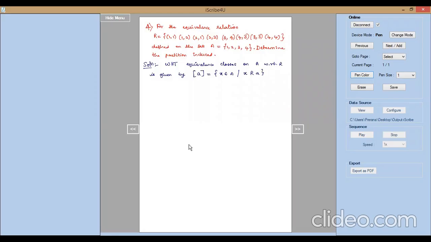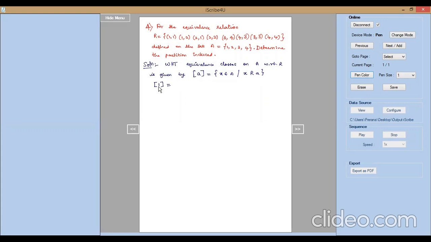So this we are going to grab from looking into the relation R. Okay, so let us find out the equivalence class of 1. From the given relation R, observe that 1 is related to 1, correct? We also observe that 2 is related to 1. You have to pick the element X from the set A such that X is related to that particular element A. Now my A value is 1.